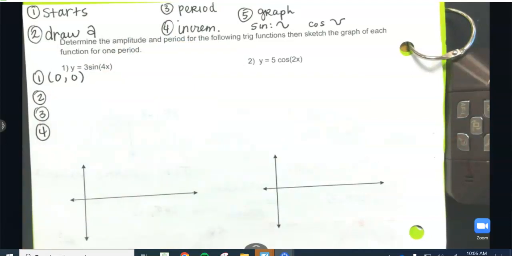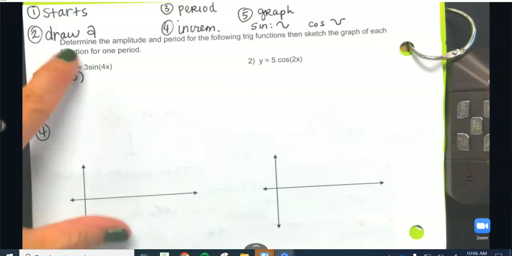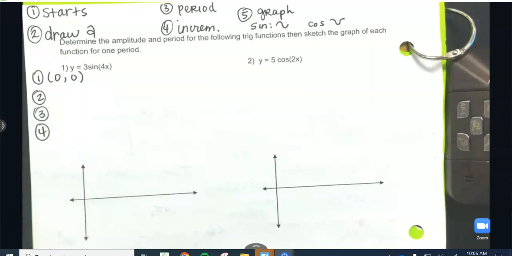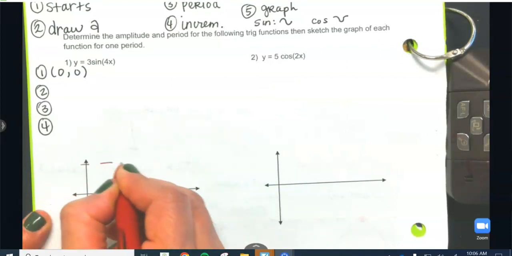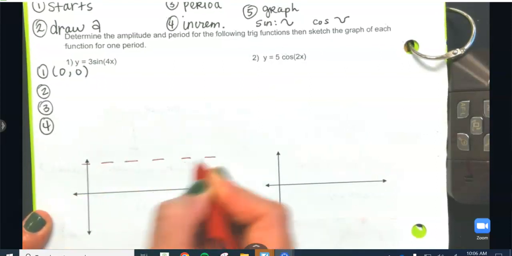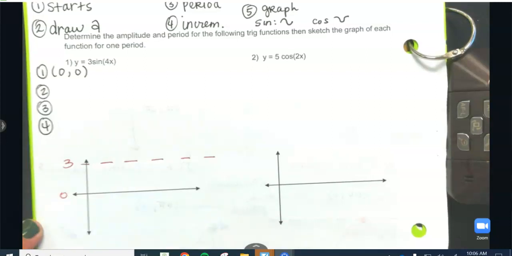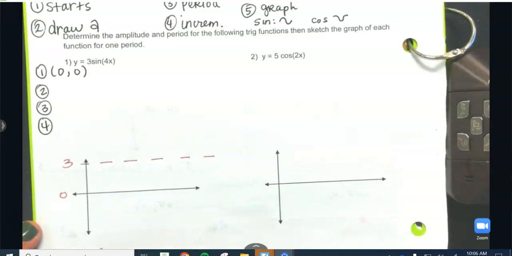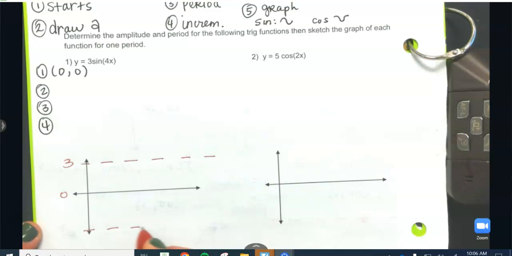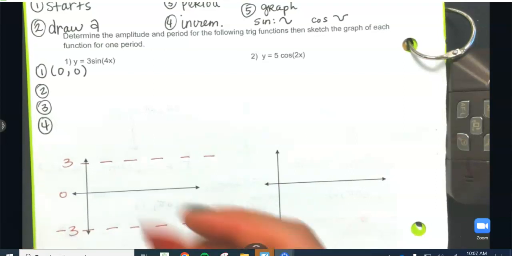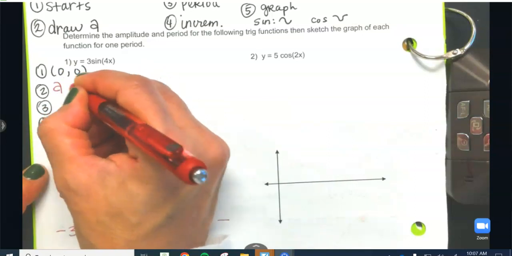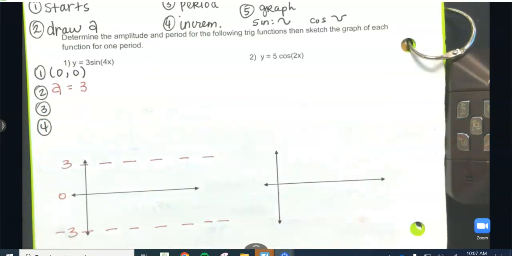Number two is to draw the A value. The A value is the amplitude. The amplitude is right after the equal sign. The amplitude is 3. So it is going to be an amplitude of 3 places above the middle, which is at 0, and 3 places below the middle, which is -3. Your A value is always positive. It's a distance.